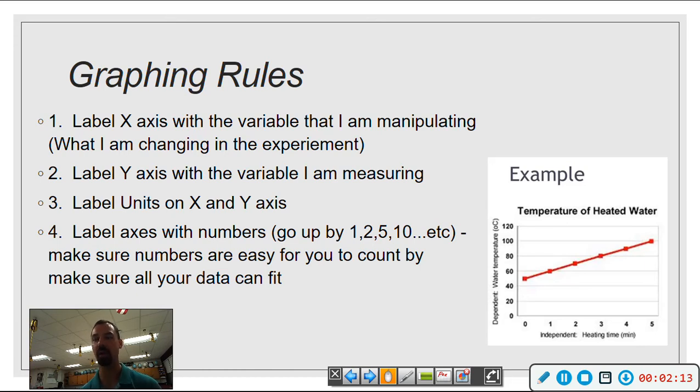So go up by 1s, 2s, 5s, 10s, hundreds, depending on the data. You have to make sure your data all fits on your graph. But make sure it's an easy one to go by, because you have to know what the values are in between the numbers you're labeling to get accurate plotting of your graph. So just make sure you do that properly and follow that rule.